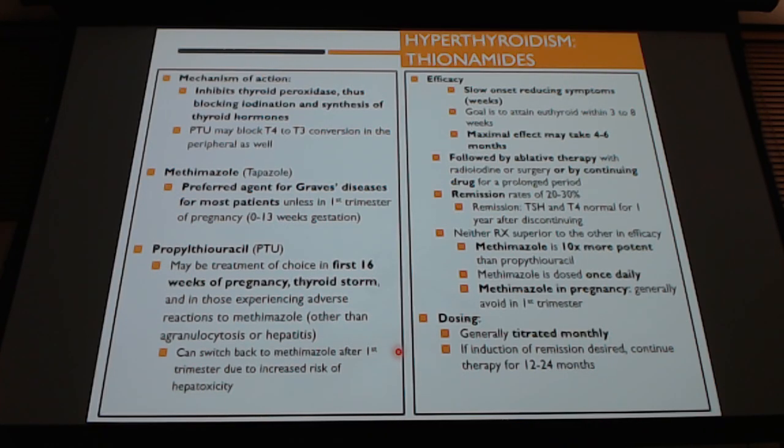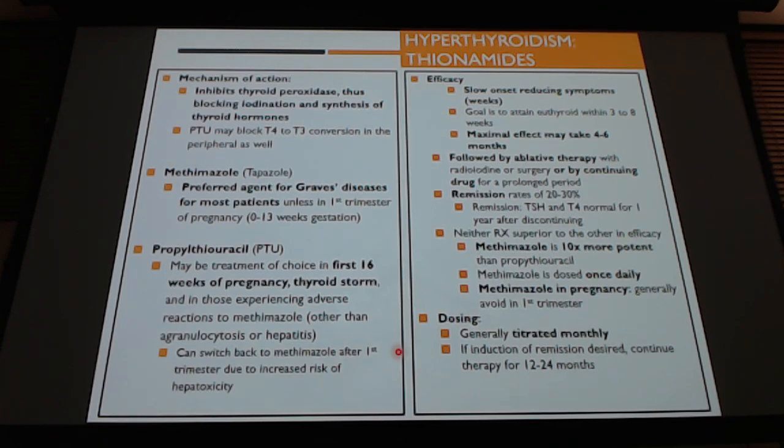All right, our thionamides. So when we're looking at this, we have 2 main medications that we're going to be talking about, and that's going to be our methimazole and our propylthiouracil, or our PTU. What this medication is doing is that this is going to try to stop that thyroid peroxidase and block the iodination of our thyroid hormone.